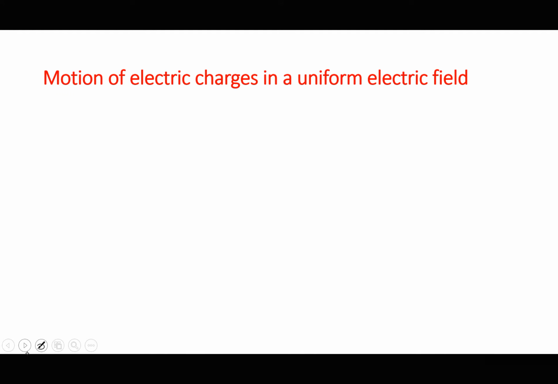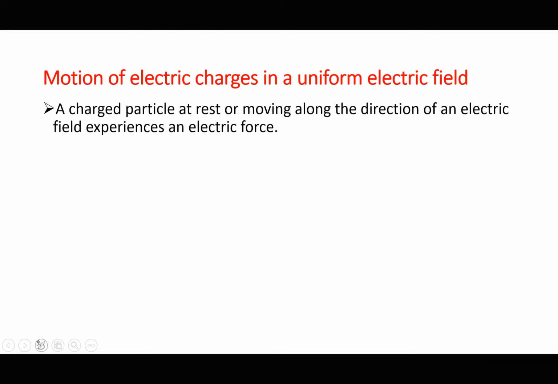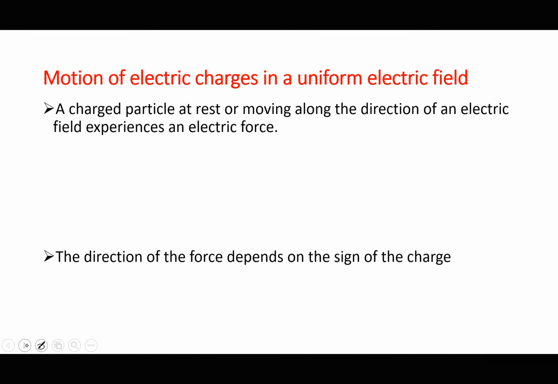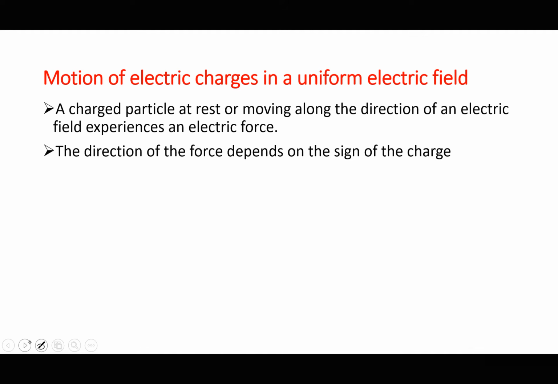The direction of the force will depend on the sign of the charge. We don't expect a positive charge to move in the same direction as a negative charge.